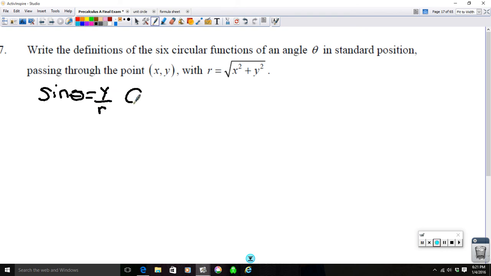Cosine theta is x over r. Tangent of theta is y over x.